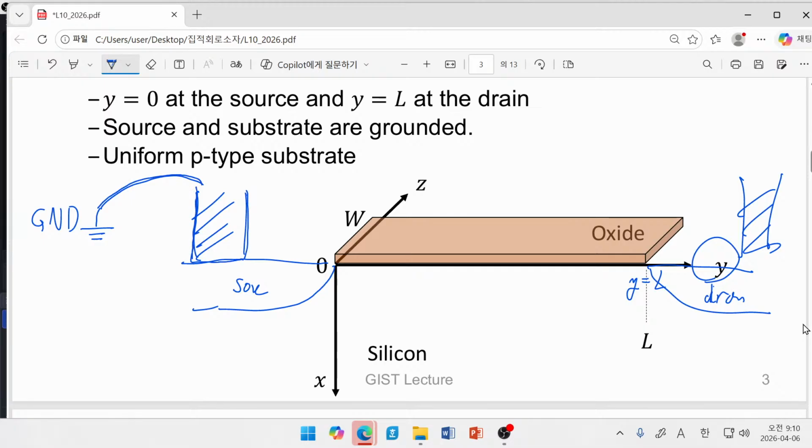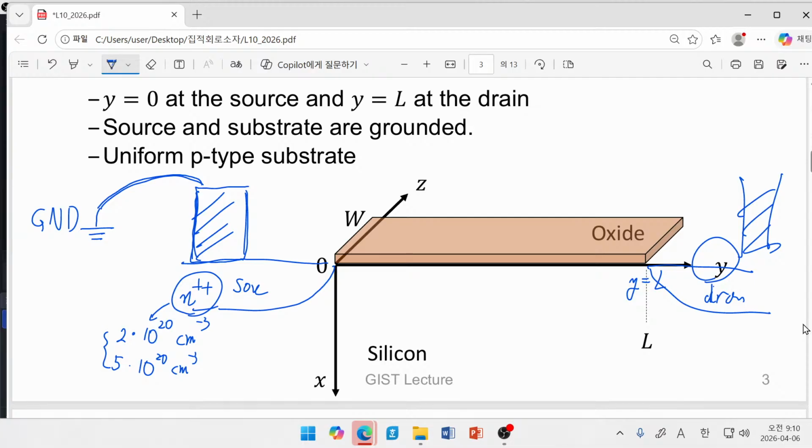Usually this metal can be a good metal, and here we have a source which is typically made with a highly doped N plus region or P plus region, depending on the polarity. Its doping density is, for example, 2 times 10 to the 20 per cubic centimeter, or even 5 times 10 to the 20 per cubic centimeter.